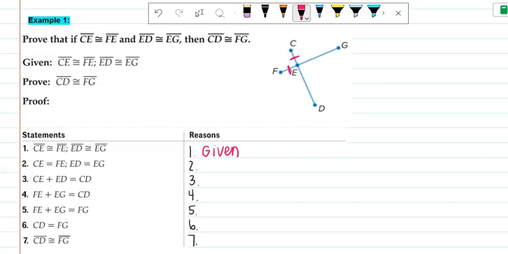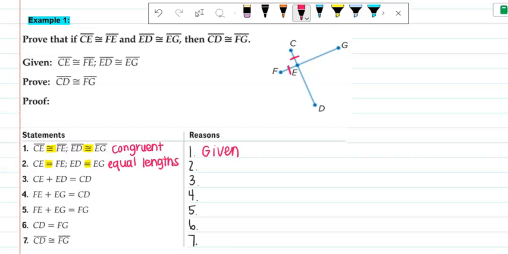If you notice from statement 1 to statement 2, we have essentially the same information. The only thing that's changed is that instead of these congruent signs, we've now switched them to equal signs. The first statement is saying that these are congruent. The second statement is saying that they have equal lengths, which we know if they're congruent, because we know what congruence means.